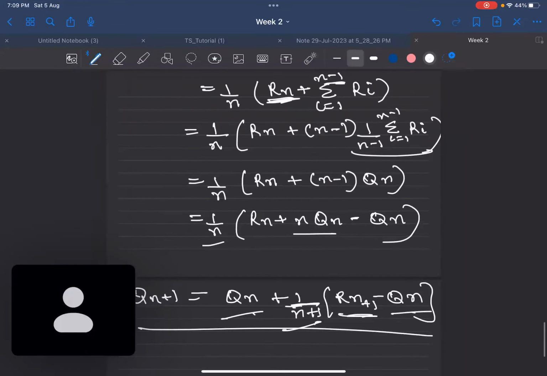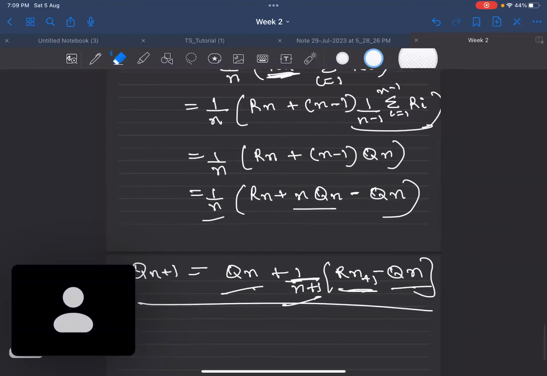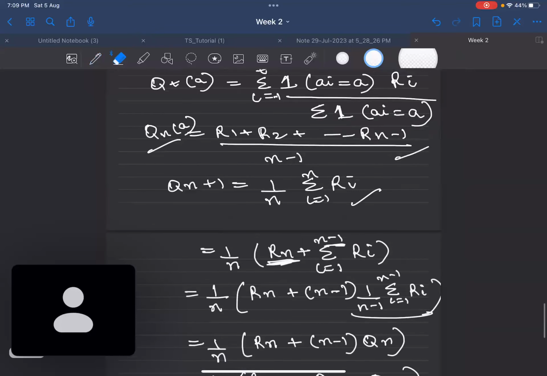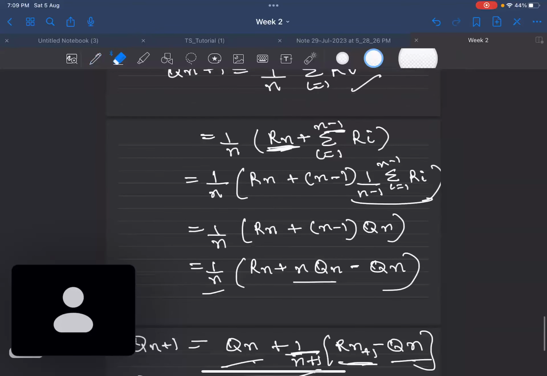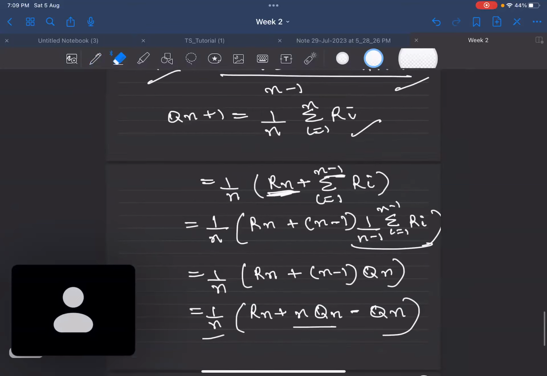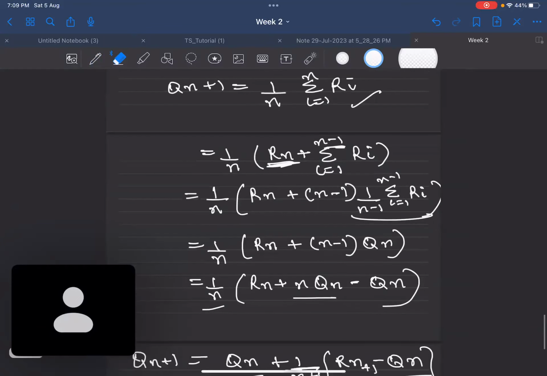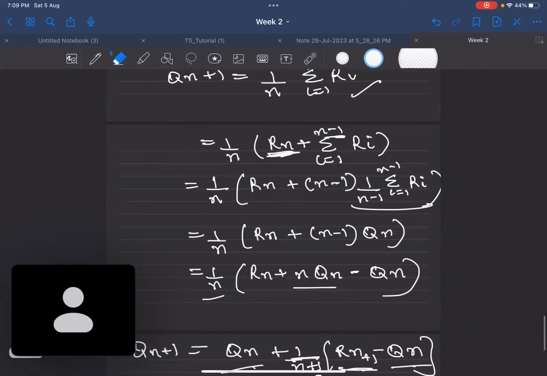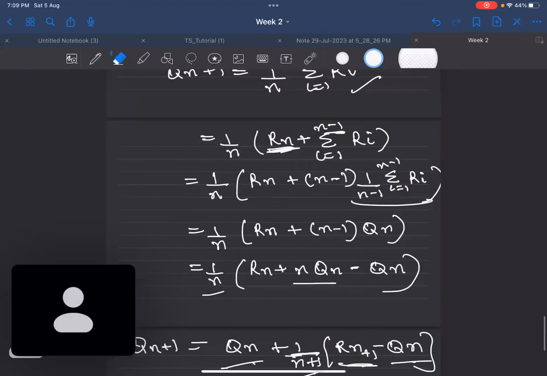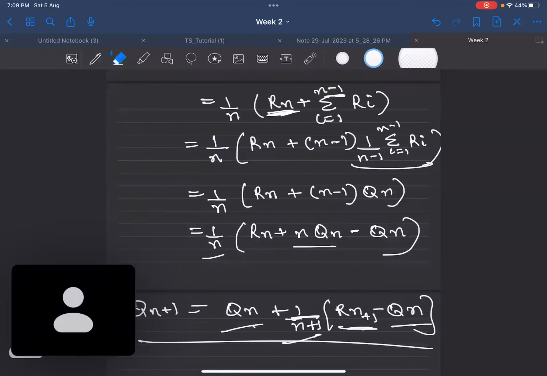But here we get it n. I think something is wrong with this derivation. I should check it. We came up with this average, then Rn plus summation, n minus 1, then n minus 1 Qn plus Rn. According to this, it should be Qn plus 1 by n. Okay.